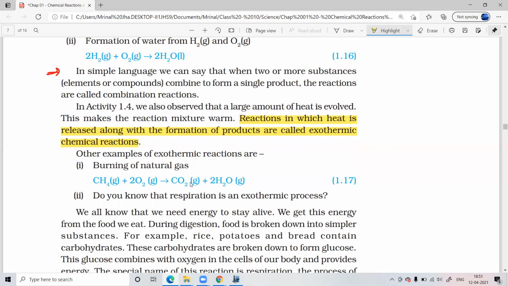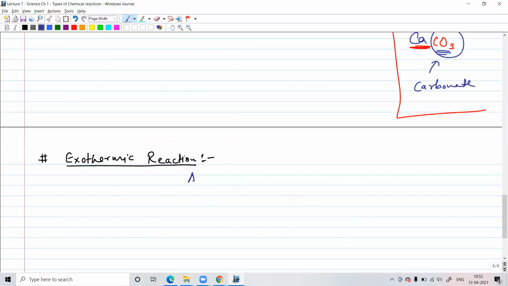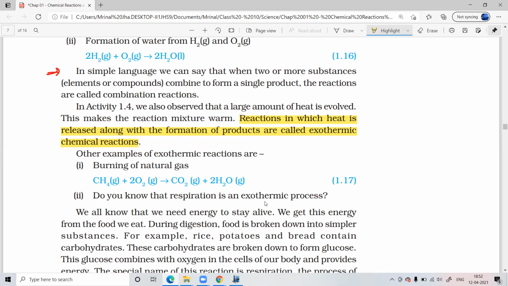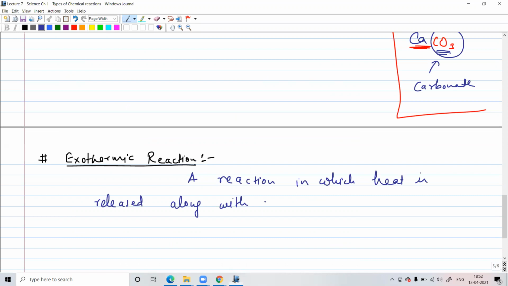The definition: a reaction in which heat is released along with formation of products.